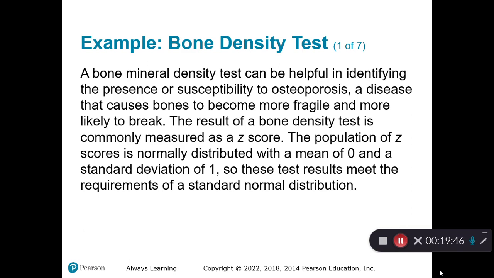The population of z-scores is normally distributed with a mean of 0 and a standard deviation of 1, so these test results meet the requirements of a standard normal distribution. So in other words, the results of those bone density tests are going to follow the standard normal distribution, which has a mean of 0 and a standard deviation of exactly 1.